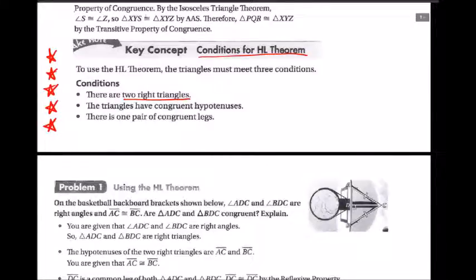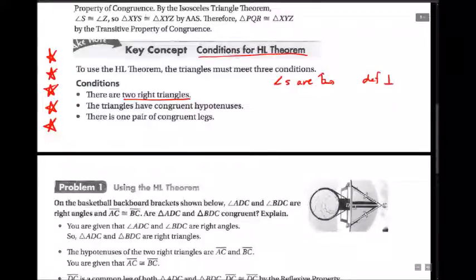So for this one, we like perpendicular, right? So if we have perpendicular lines, we can say that our angles are right angles by the definition of perpendicular.